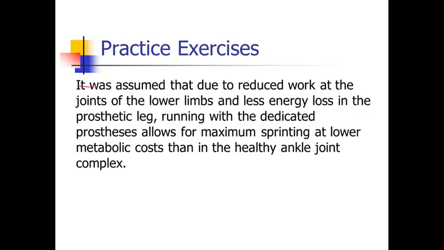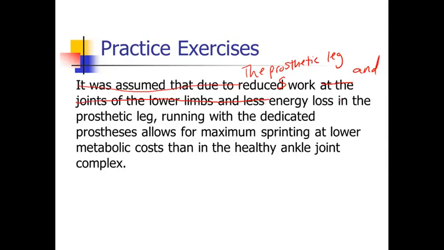So I'm going to say something like, and again, I'm changing this one around quite a bit. So the prosthetic leg, so start with what the prosthetic leg does. What is that effect? The prosthetic leg does two things. It reduces work and energy loss. So again, see I'm writing with verbs. It reduces work and energy loss.